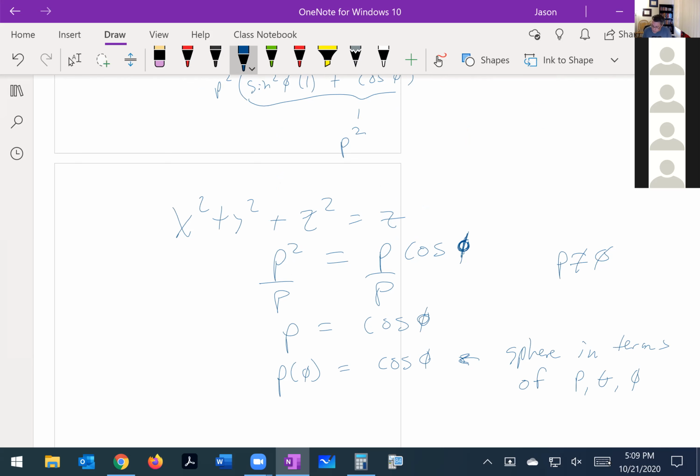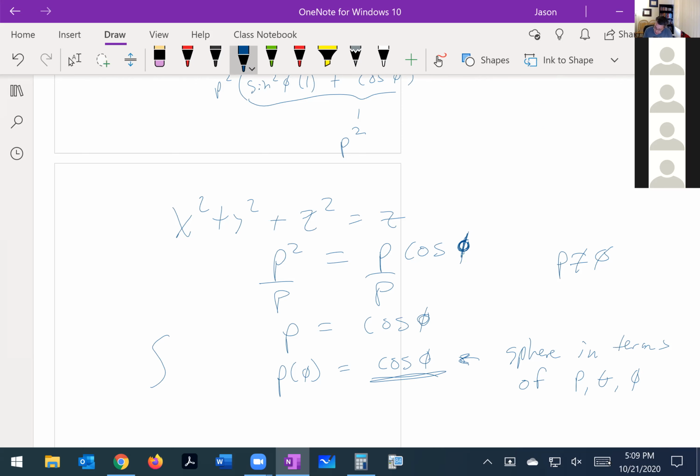Okay, so then how would I find the top surface of my ice cream cone? Well, that's just gonna be cosine of phi. Rho is gonna be a function of phi.